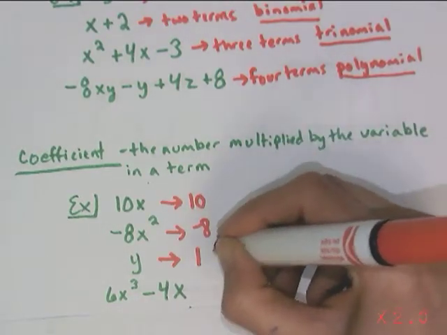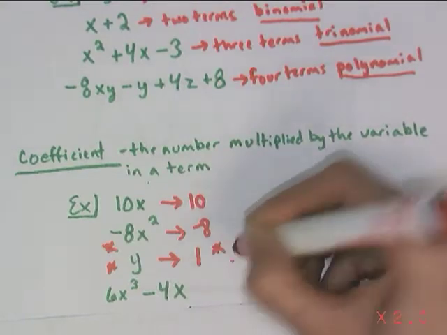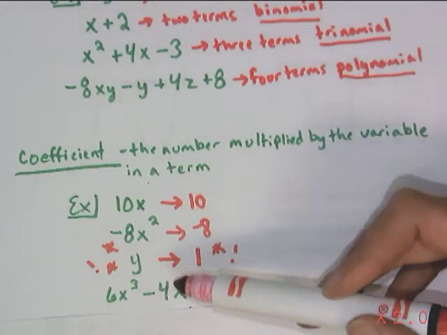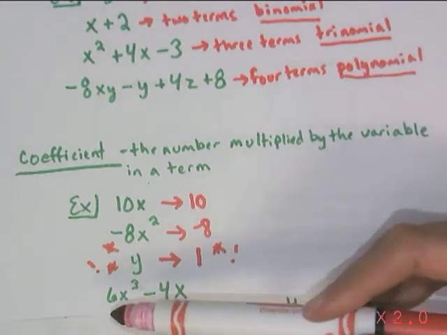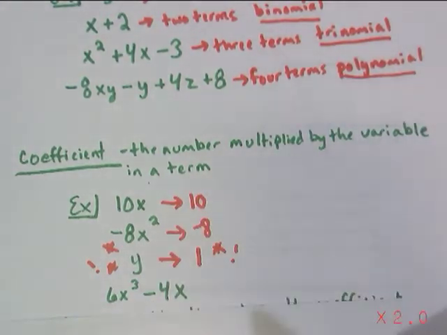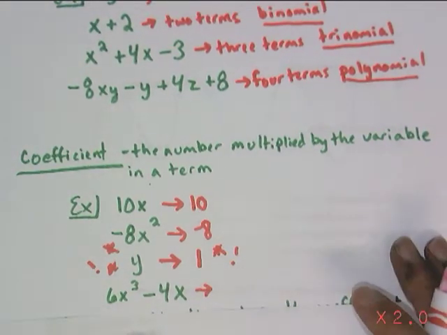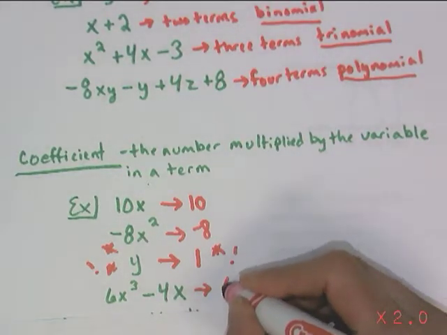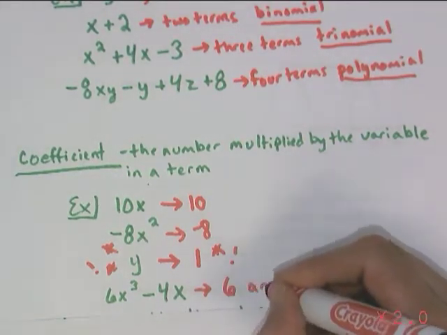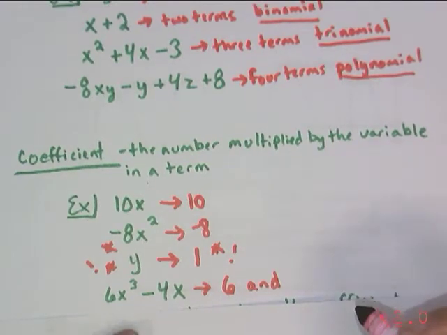And I would put some stars by that. I would put some exclamation points by that, because that's one you have to remember. The last example we're looking at is a binomial, and it has 2 terms, therefore we have to identify 2 different coefficients. So for the first term, we have a coefficient of 6, and the second term, we have a coefficient of negative 4.